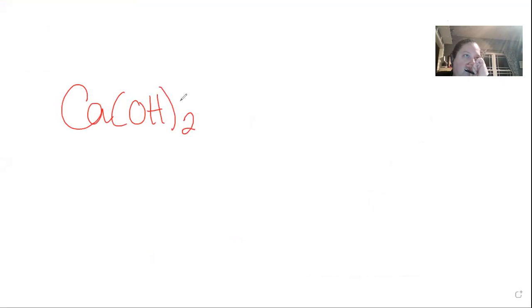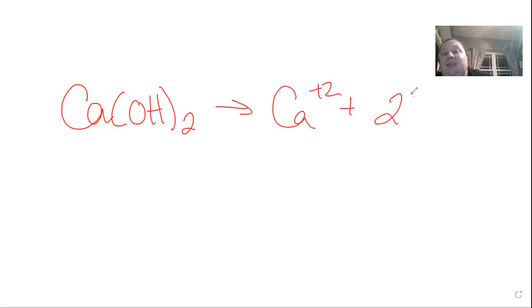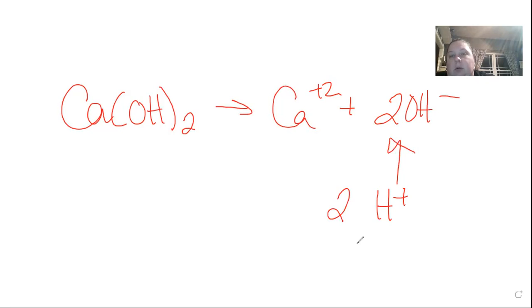So if we have calcium hydroxide, that's a strong one, isn't it? Yeah. Since it 100% dissociates because it's strong, it's going to break up into calcium 2 plus and 2 OH minuses. So it's going to take twice as much H plus to neutralize that OH minus.